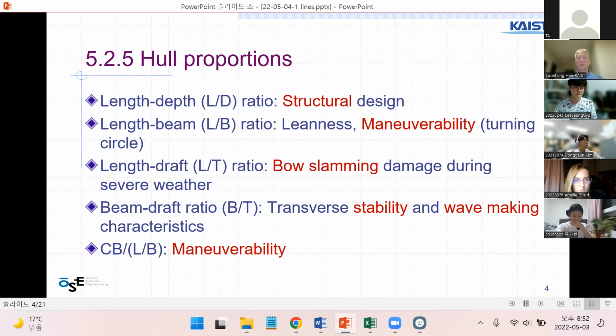And then beam depth ratio is related with stability and also wave-making characteristics. And CB divided by length beam ratio is a complicated compound ratio proportion. It is related to the maneuverability again.